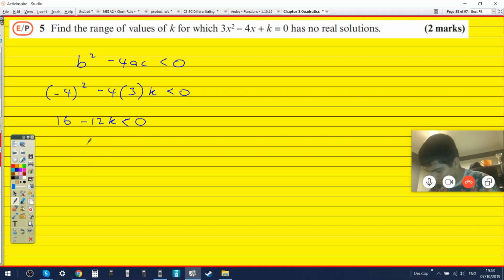Then minus 12k is smaller than minus 16, and then minus 16 divided by minus 12, which is 4/3.